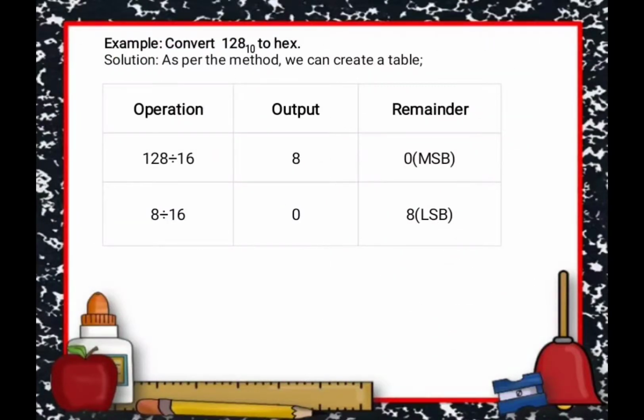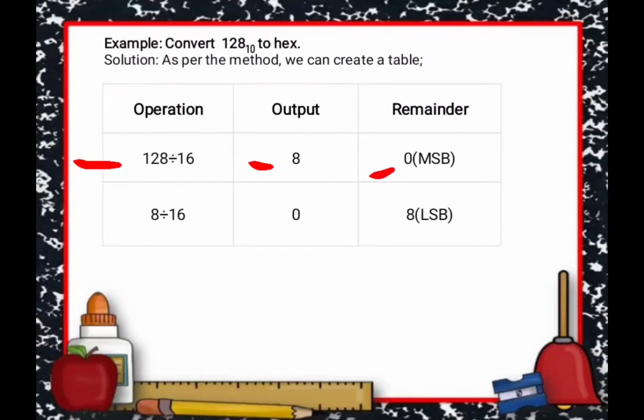Convert decimal number 128 to hex number. Solution: as the method, we can create a table. Here, 128 decimal number divided by 16, we have 8 with the remainder of 0.